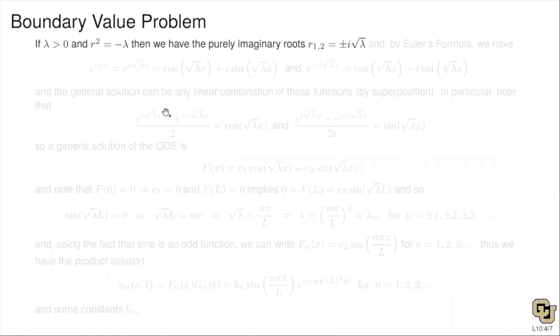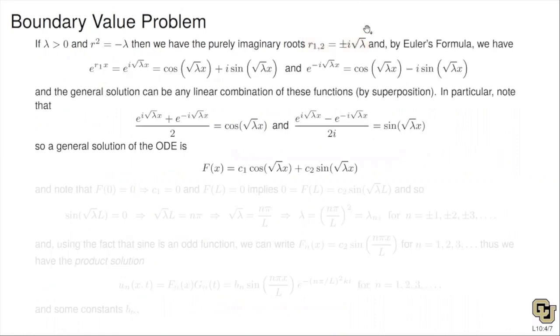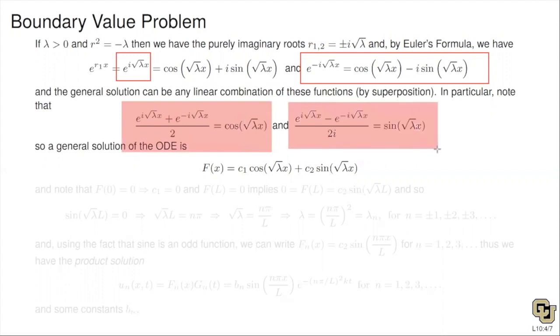So if lambda is greater than 0, we get these imaginary roots. And then we do some math trickery. I won't go into the details, but mainly if you look here, this is the solution. We have two solutions here, but then we use Euler's formula and rewrite it in terms of cosine and sine, and then take a linear combination of those solutions to come up with a real basis, real as in not complex, of the solution space.